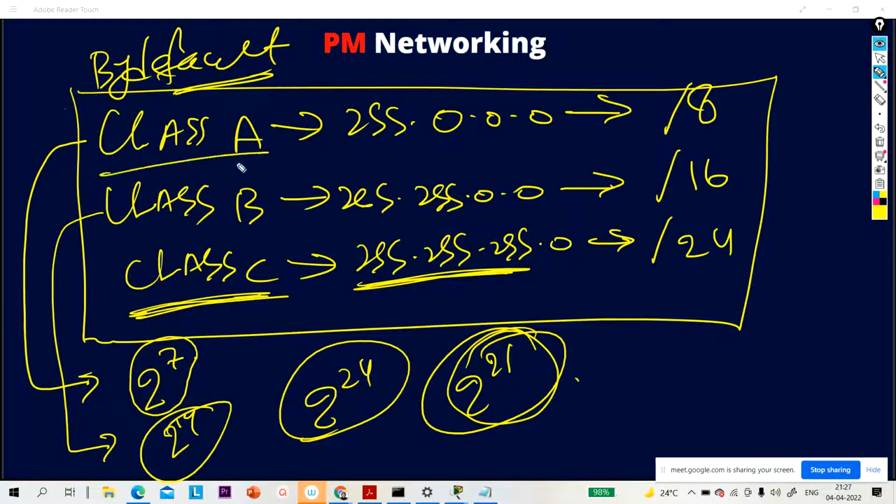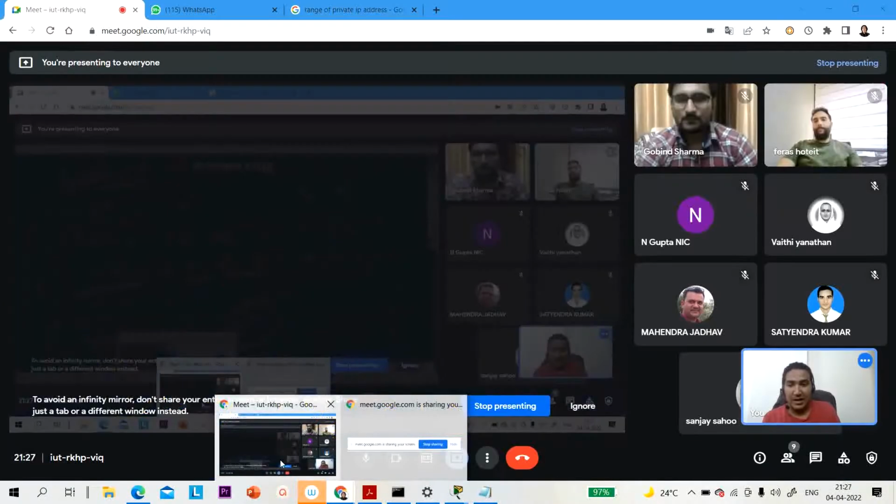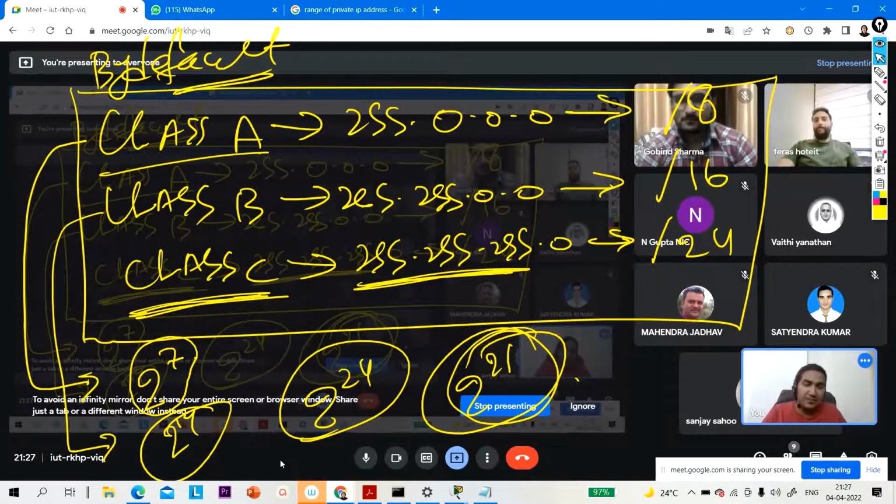From class A you will get the maximum number of IP addresses, and from class C you will get the maximum number of networks, right? Because definitely there are more network bits.